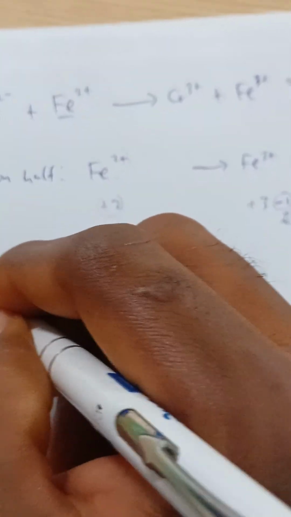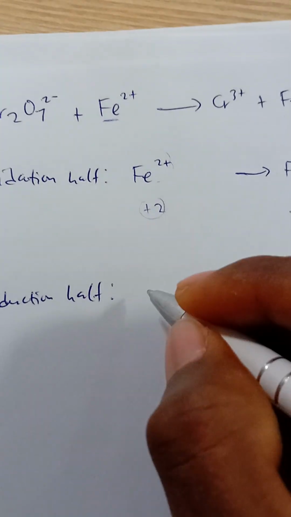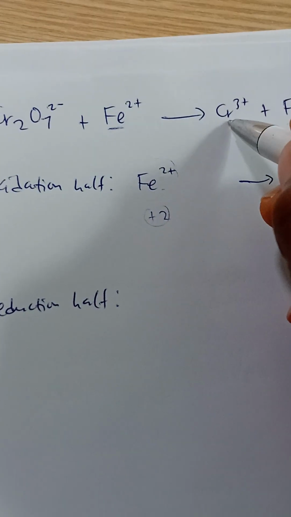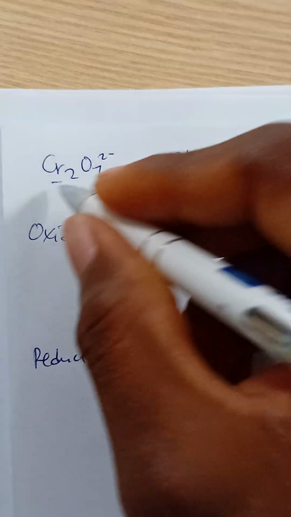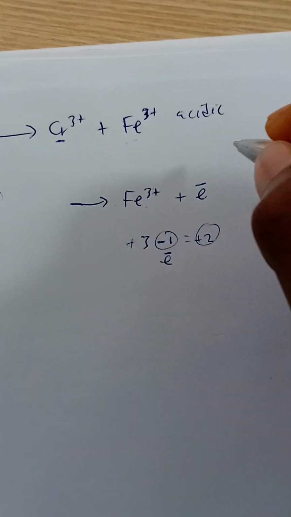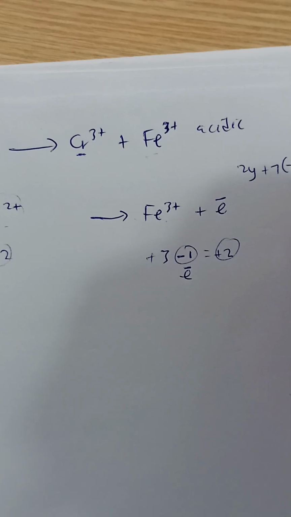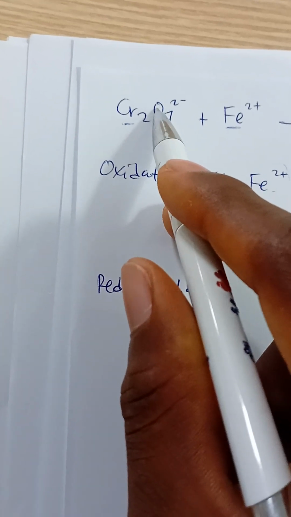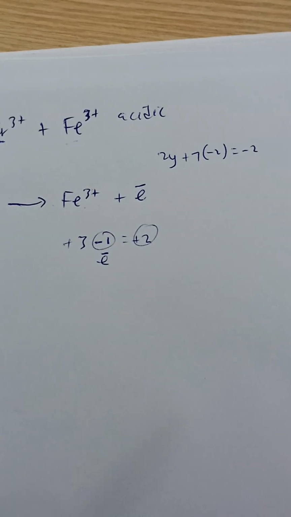Now, our reduction half. Let's check the oxidation state of chromium here. Chromium here is +3. This is going to give us 2y plus 7 multiplied by -2 equals -2, that is 2y plus 7 times the oxidation state of oxygen. So we add them to get the total oxidation state of the whole compound.